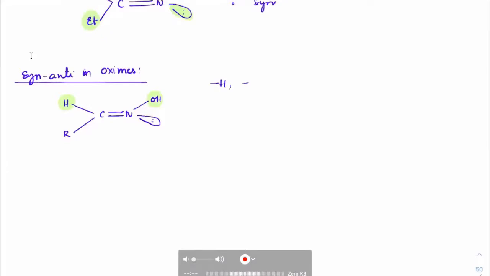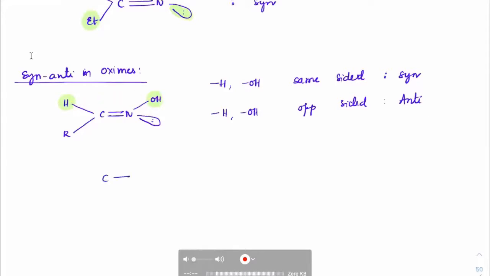H and OH, same side, we call that the syn isomer. If H and OH are on opposite sides, we call it anti. Okay. So H and OH, you can see how they are aligned with each other.